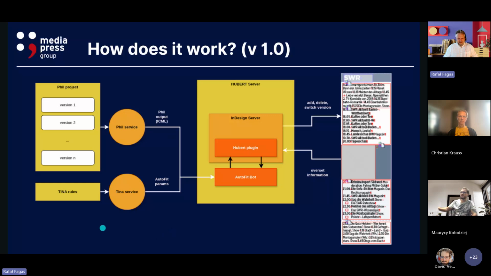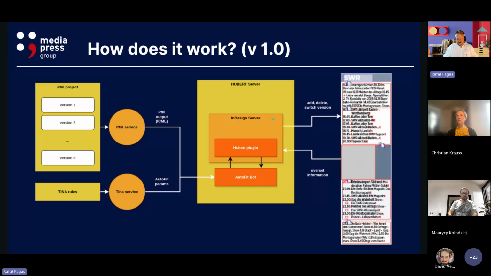On the other side, the data flowing through TINA rules is transformed. Also, in the TINA rules, we can define some additional parameters for this auto-fitting process, using which the editors can influence the process of auto-fitting. And then it goes to the AutoFit bot, which is the core of this system, and which runs on the server, of course.